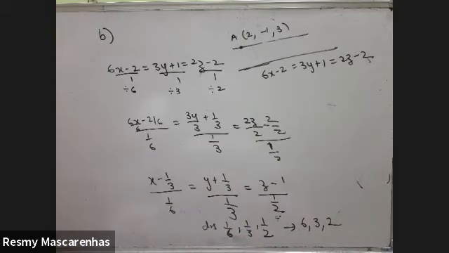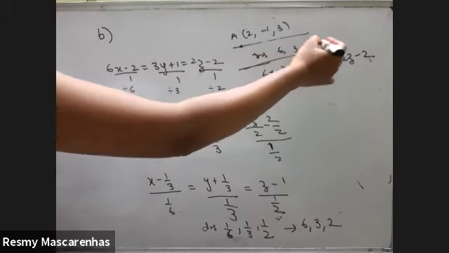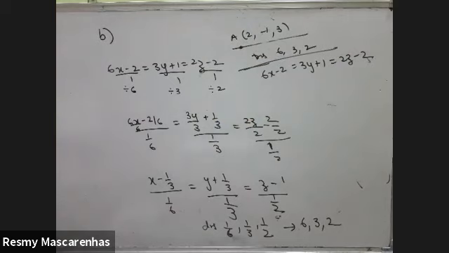If everyone is a fraction, so your direction ratios are 6 comma 3 comma 2.